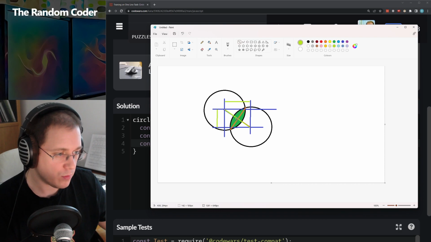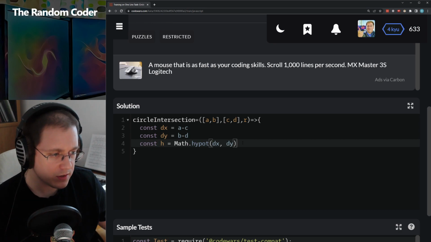Just wondering whether we want to halve it, because the actual value that we really want is this line here. So we'll halve it.